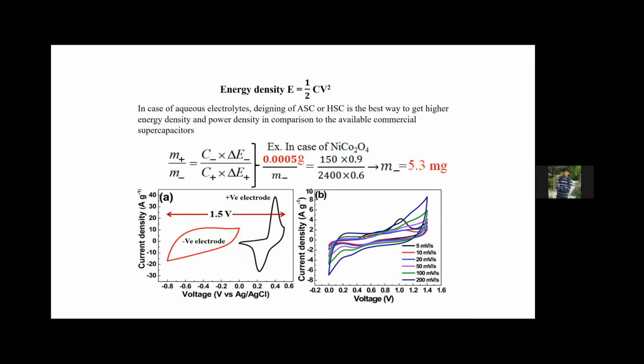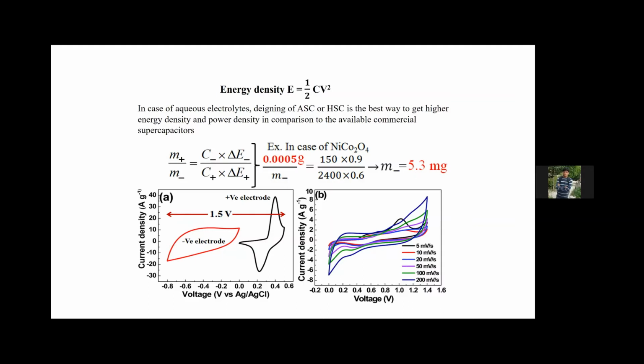How much material do we deposit onto the negative electrode, that is, how much graphene? Based on this calculation, we should deposit 5.3 mg of graphene oxide.